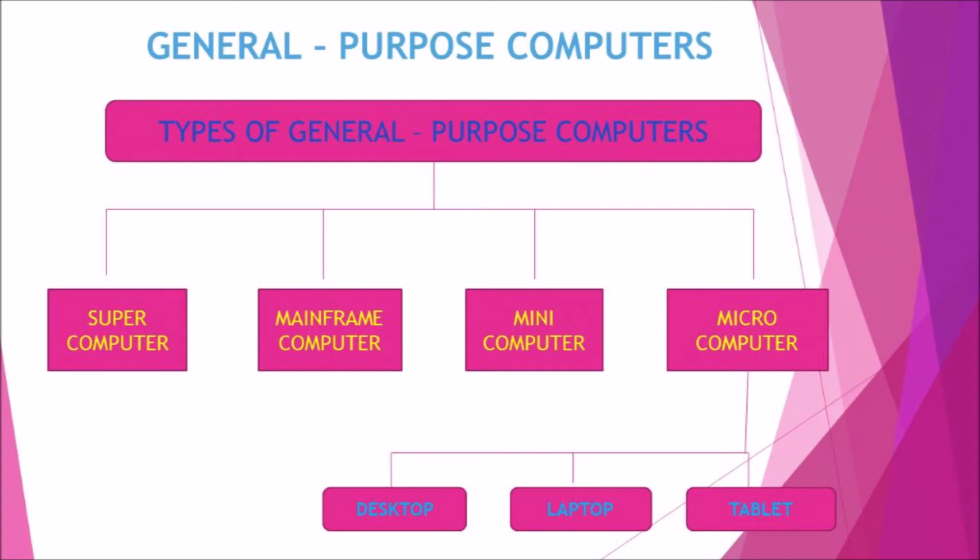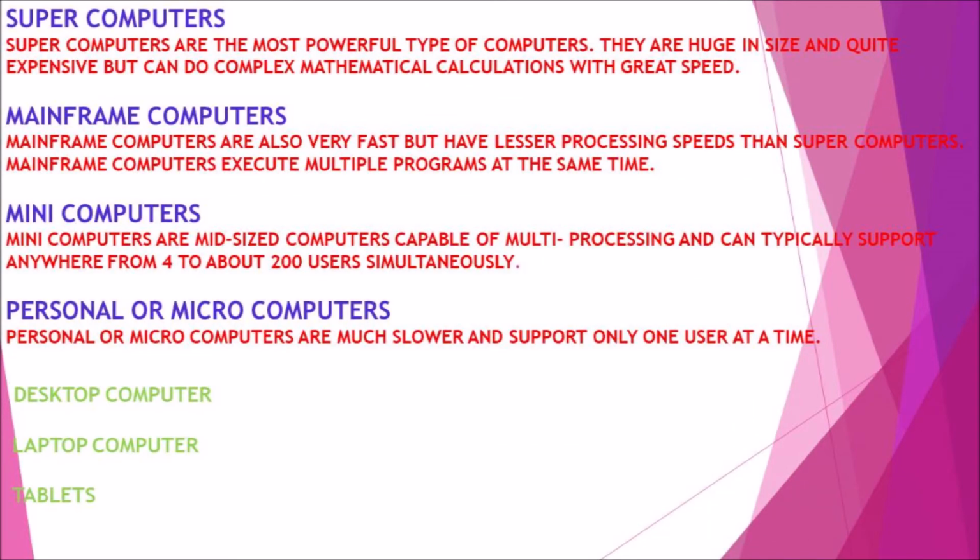Here you see the general purpose computers are further classified into supercomputer, mainframe computer, minicomputer, and microcomputer. And microcomputer is further classified as desktop, laptop, and tablet, that is the tab which we use. The mobile phone also comes under microcomputer.